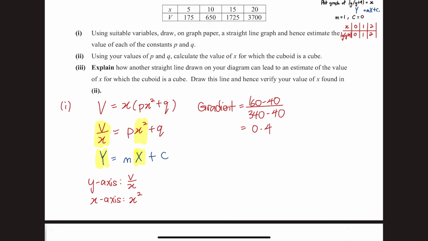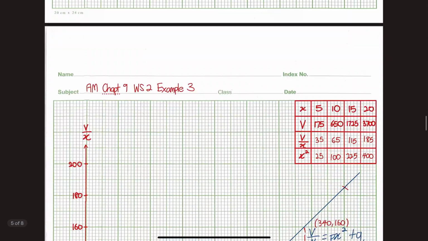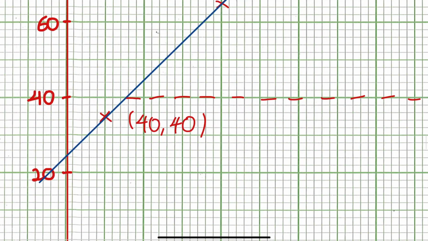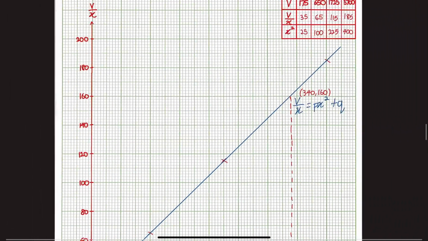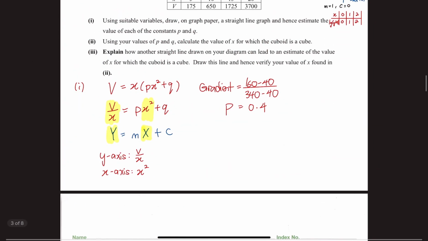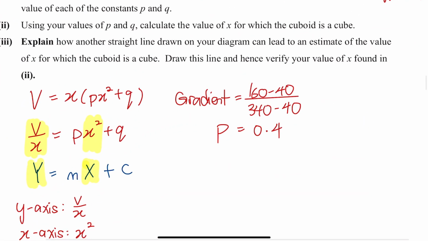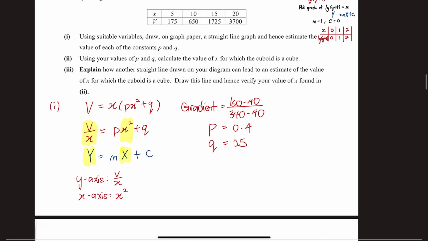And since gradient is p, p is equal to 0.4. Okay. Then the next part here, y-intercept. I see that y-intercept is roughly about 25. This value here is roughly about 25. Okay, so over here, this means that based on my graph as well, q is equal to 25. Okay.